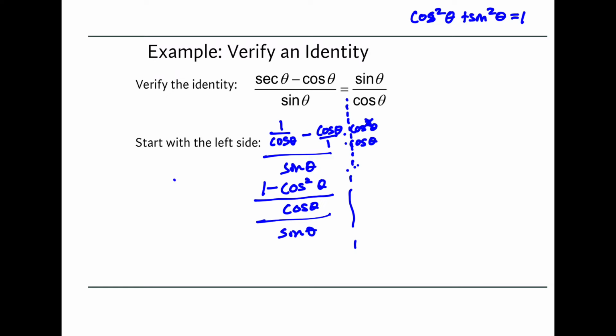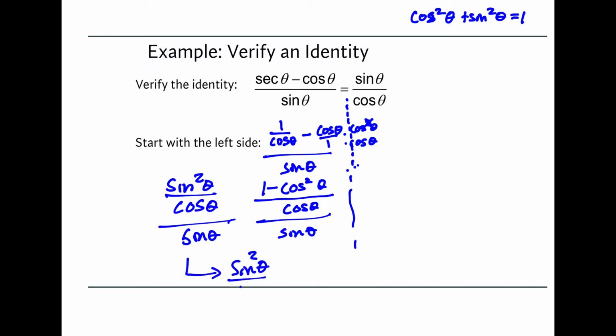As sine squared theta over cosine theta. And then, of course, this is over sine theta. So we have kind of a complicated, complex fraction here. I'm going to take this top part, sine squared theta over cosine theta, and multiply it by the reciprocal of the bottom. This is sine theta over 1.